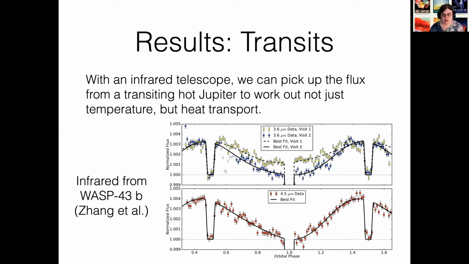But we notice that when we're seeing both planet and star, we are seeing a little bit above 1. We're detecting some of the planet's light, and in these wavelengths it's about a few tenths of a percent. We go from 1.004 to 1.000. This lets us make a temperature map.